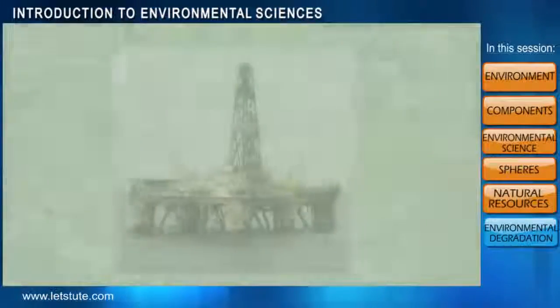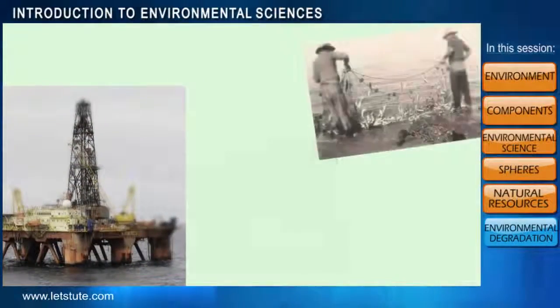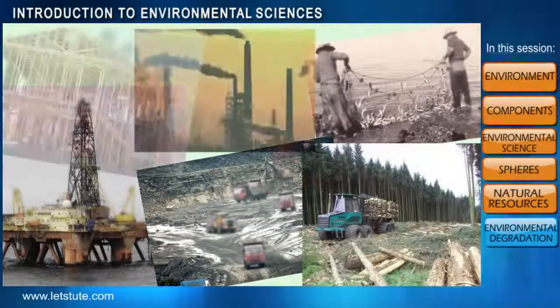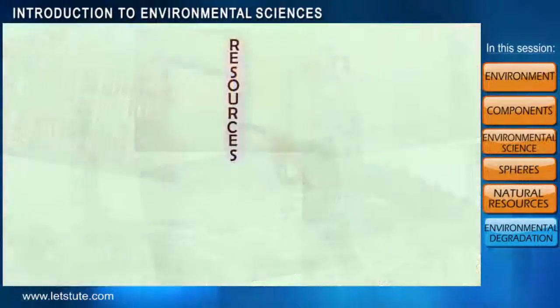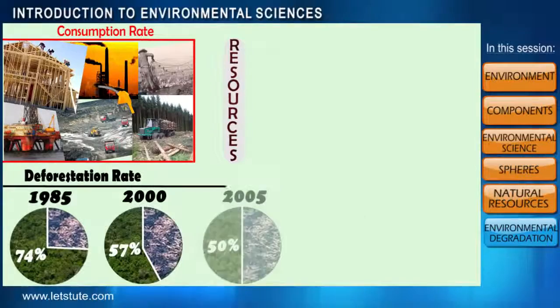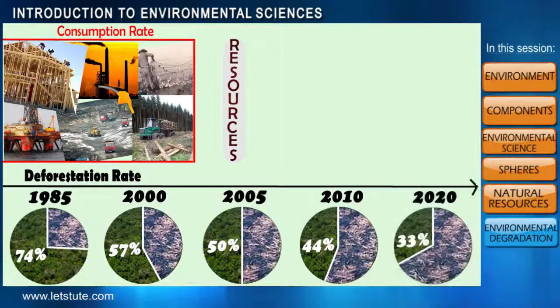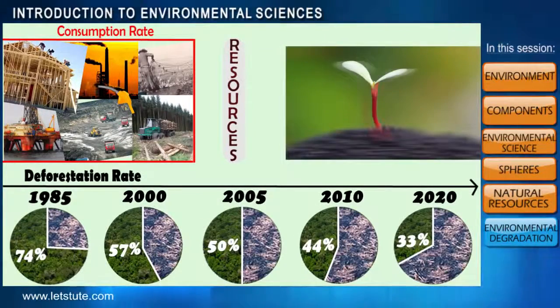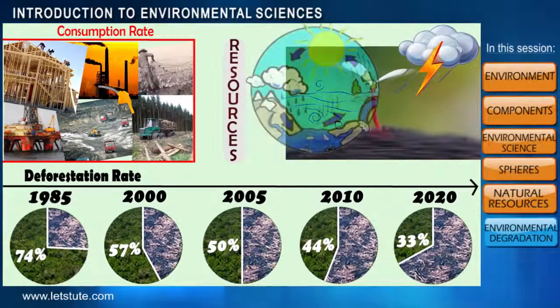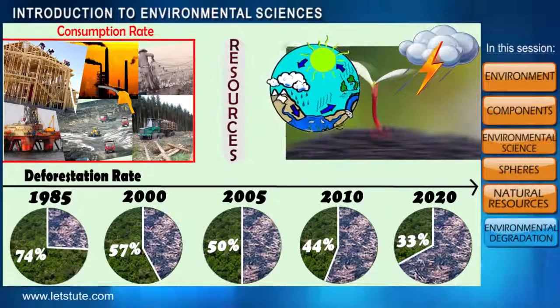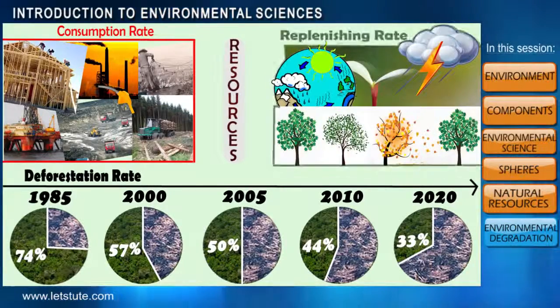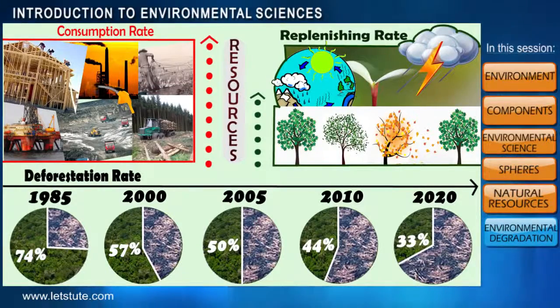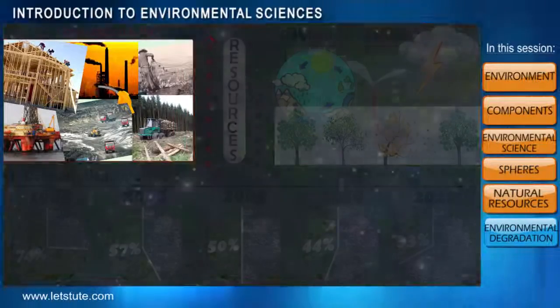But for satisfying his increasing demands, man is continuously using these resources, and hence they are depleting at a much faster rate. Our planet Earth has its own way to replenish many of these resources. That means Earth can get back many of the resources into existence. But this replenishing rate is slow compared to the speed at which they are being consumed.